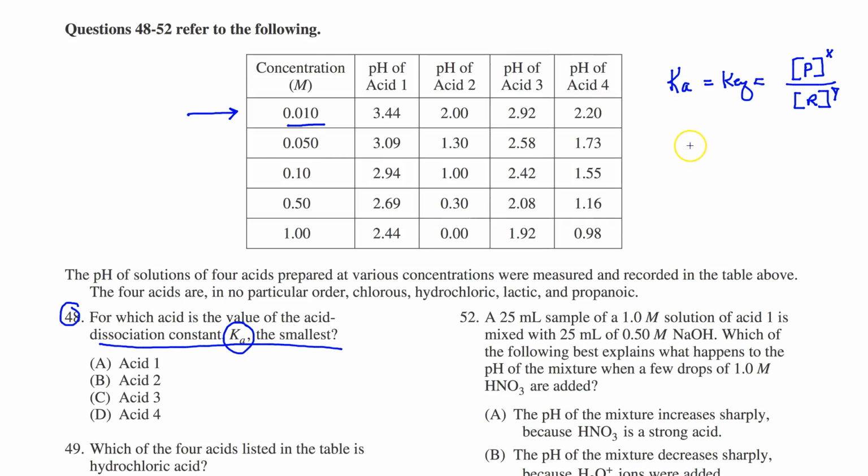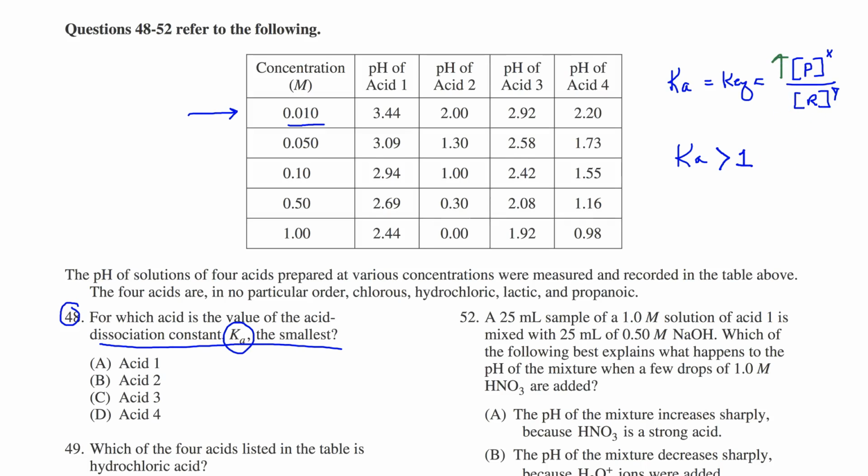And what we know is Ka specifically is equal to the products over reactants. And we know that all Kas are equilibrium constants. If they're greater than 1, then there are what? More products than reactants.